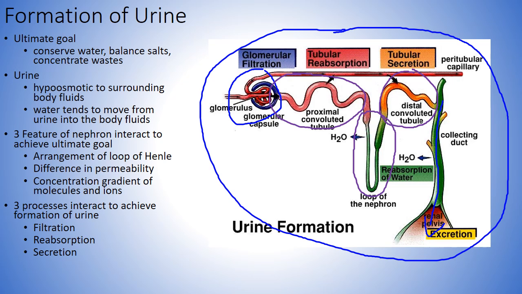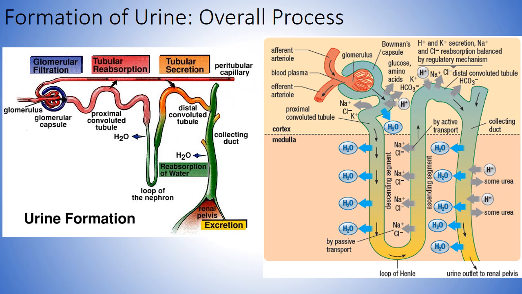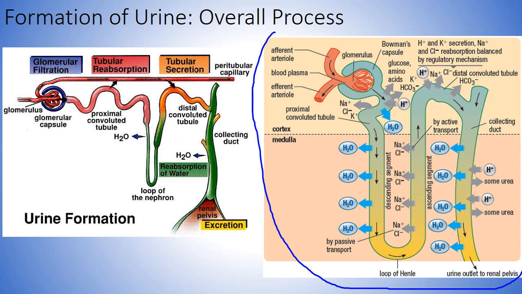Now, there's three processes to how the kidney will actually form urine: filtration, reabsorption, and secretion. We'll talk about each of these processes and all of the different structures that occur in these three processes. Taking a look here, this is the overall process. This picture here describes it a little bit better.